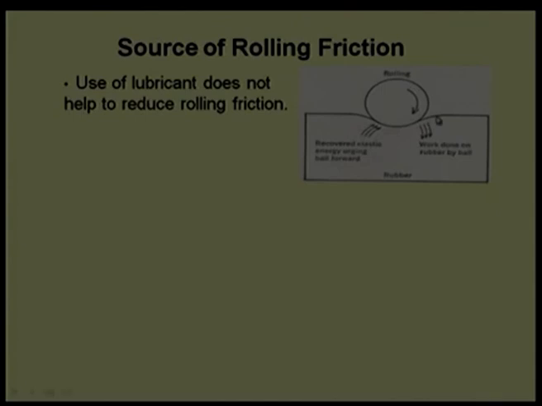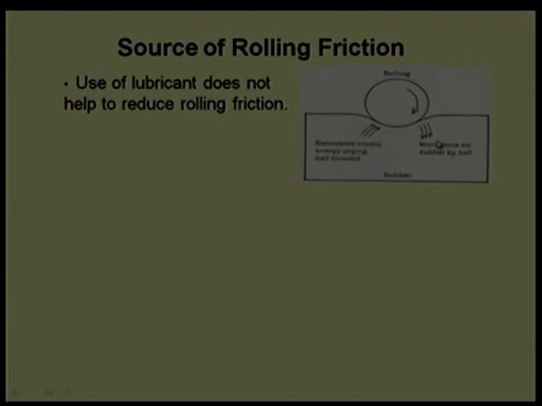Now, the surface is not straight, it is going under deformation, that means point contact is getting converted to area contact, or line contact is getting converted to area contact. So, there is a substantial area of contact, which introduces some sort of micro slip as well as hysteresis losses.